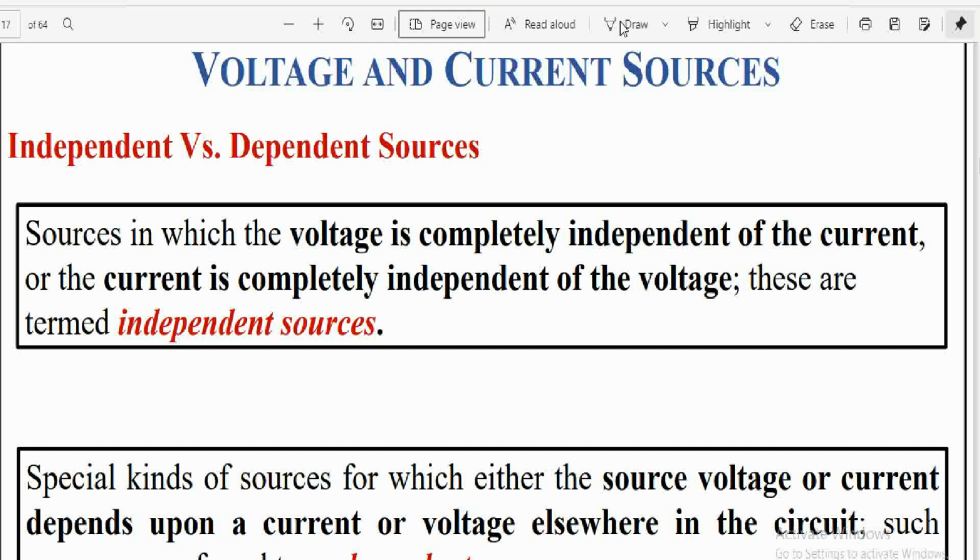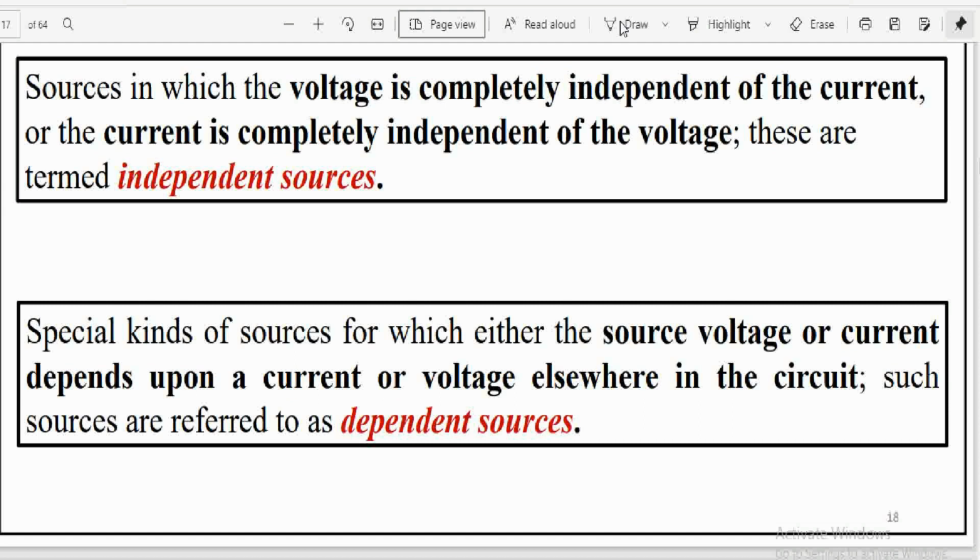That means if you consider a voltage source, its value should not depend on a current, and if you consider a current source, its value should not depend on a voltage. Only then is it said to be an independent source. Coming to the dependent sources, these are a special kind of sources for which either the source voltage or source current depends on either the current or the voltage.